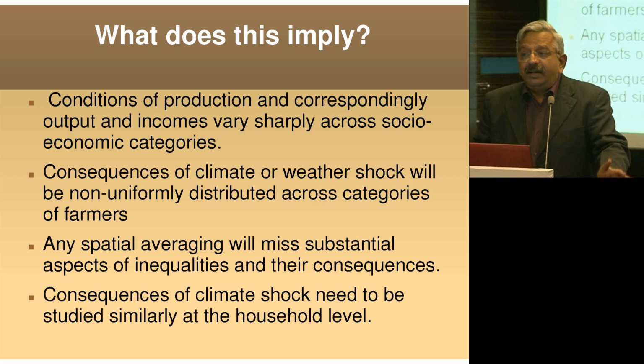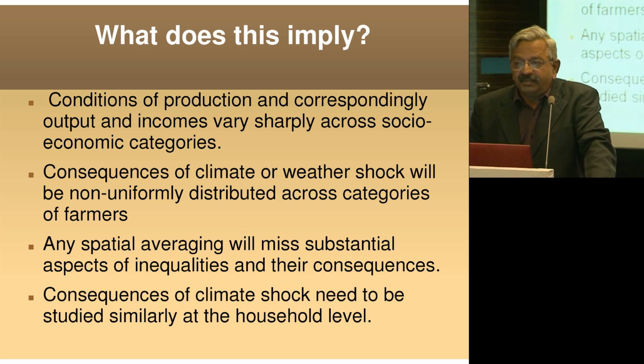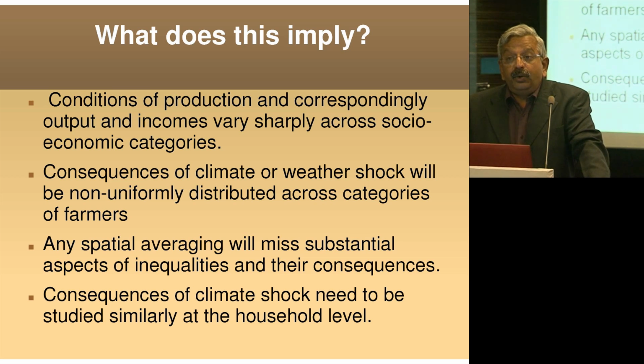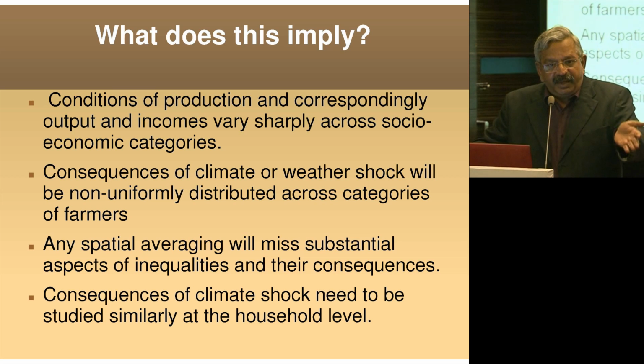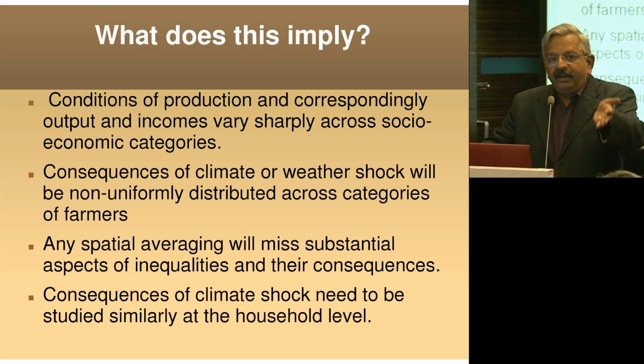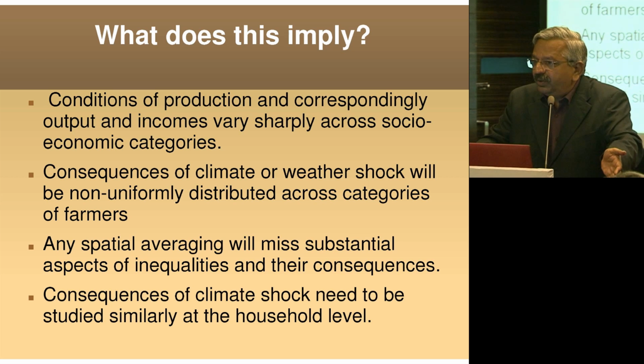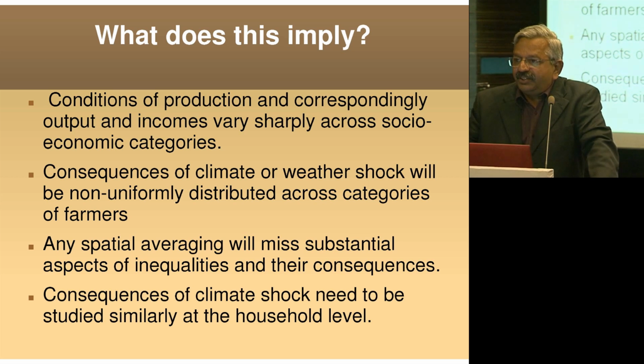So what does all this imply for what has been the subject of discussion here? So the first point is, when you talk of conditions of production and correspondingly output and incomes, agriculture is not an experiment in biology. Agriculture happens because farmers earn livelihoods. The country has to be fed. Those who don't grow food have to buy food.